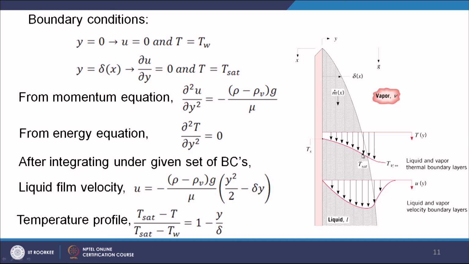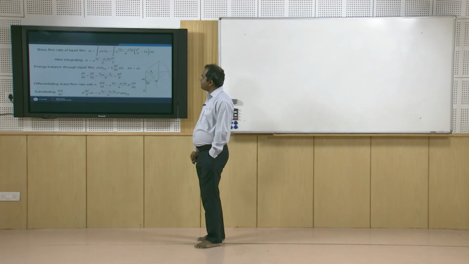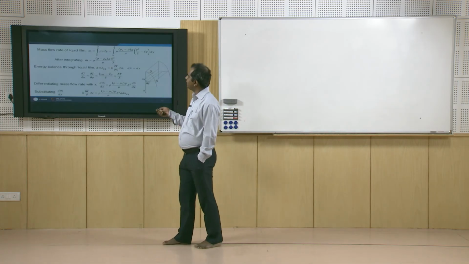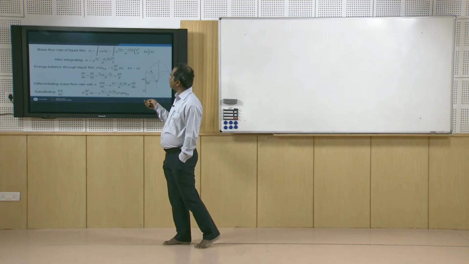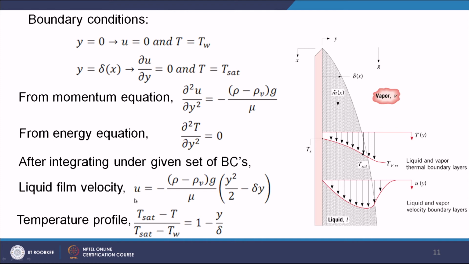Next, let us find out how the condensate rate can be obtained. Here I have shown that the condensate rate m dot equals the integral from 0 to delta of rho u dy. We have already found u, the liquid film velocity, in the previous slide, so let us put that expression into the integration.